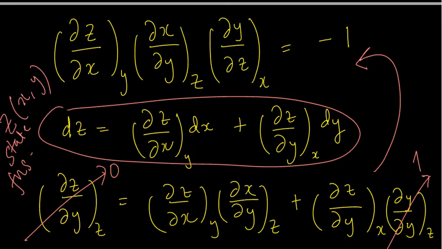Second equation, so you have just added change with respect to x into dx and change with respect to y. That is, the total change dz is the change along the x direction plus the change along the y direction. That should be possible only when z is equal to x into y or some condition like that.